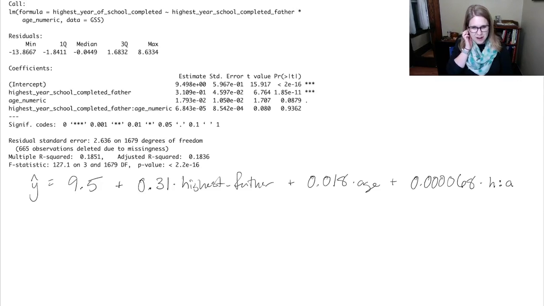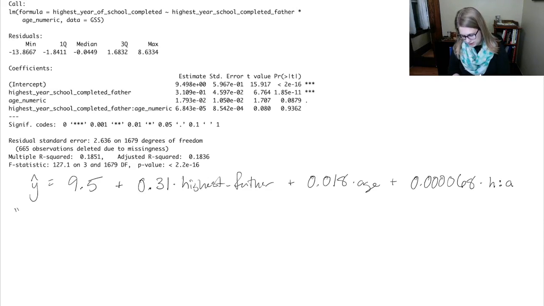And then the interaction between those two numeric variables gets really weird. In this case it's especially hard because that coefficient is very small, so it's not practically significant, and it doesn't have a significant p-value, so it's also not statistically significant, but we still might want to think about how to interpret it.